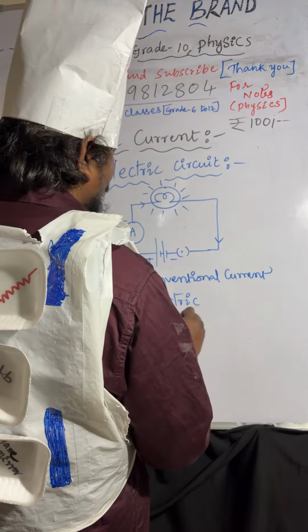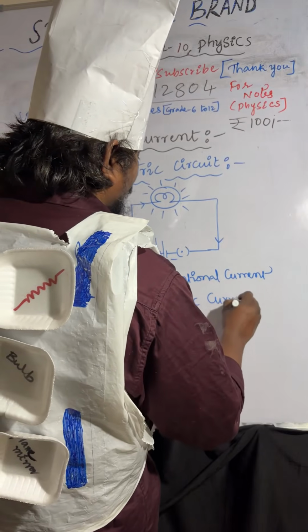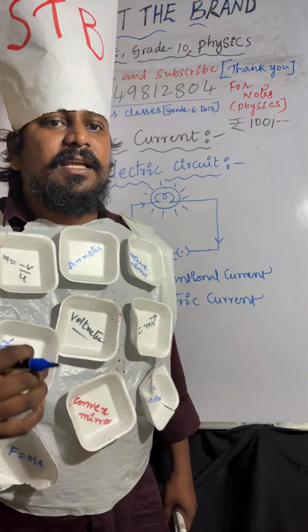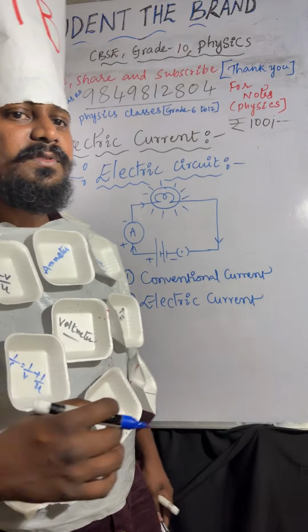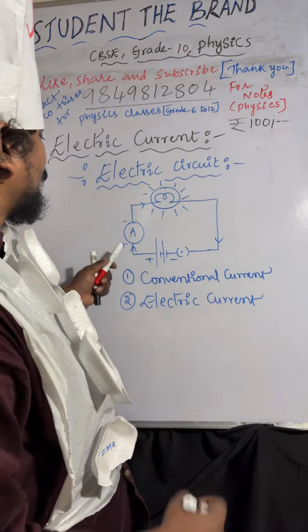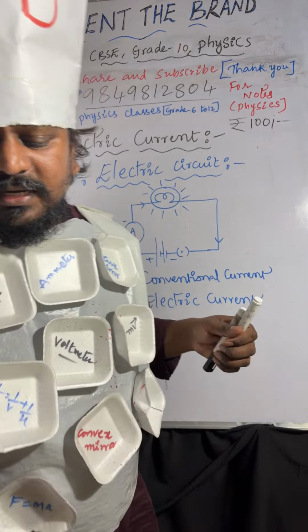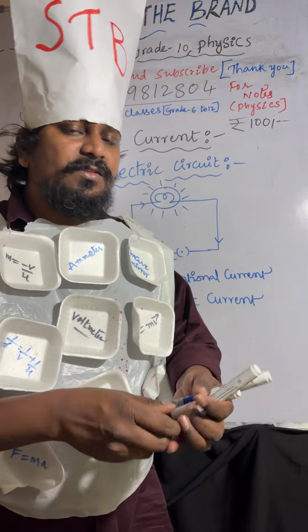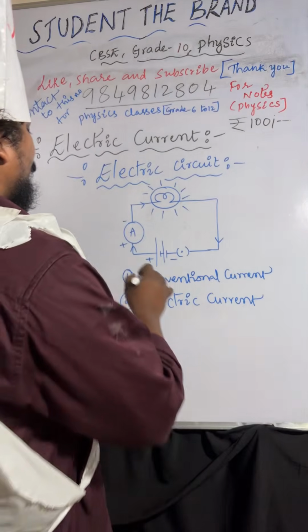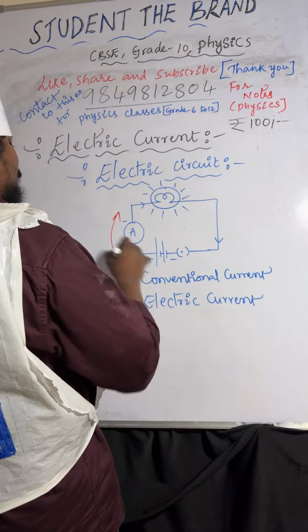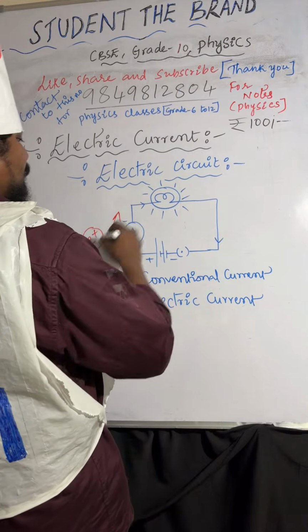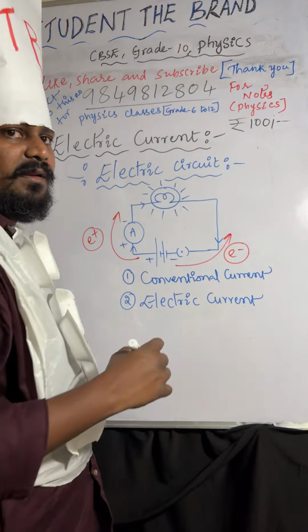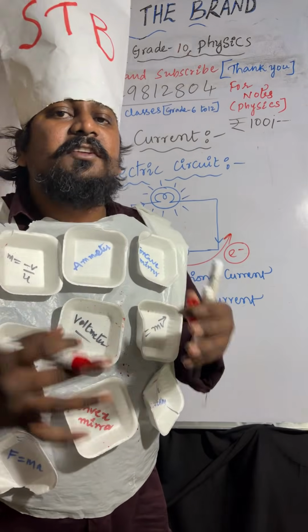Here you can observe, the flow of positive charges is known as conventional current. Positive charges are moving from the positive terminal to the negative terminal, and the electrons are moving from the negative terminal to the positive terminal. And here you can observe conventional current.